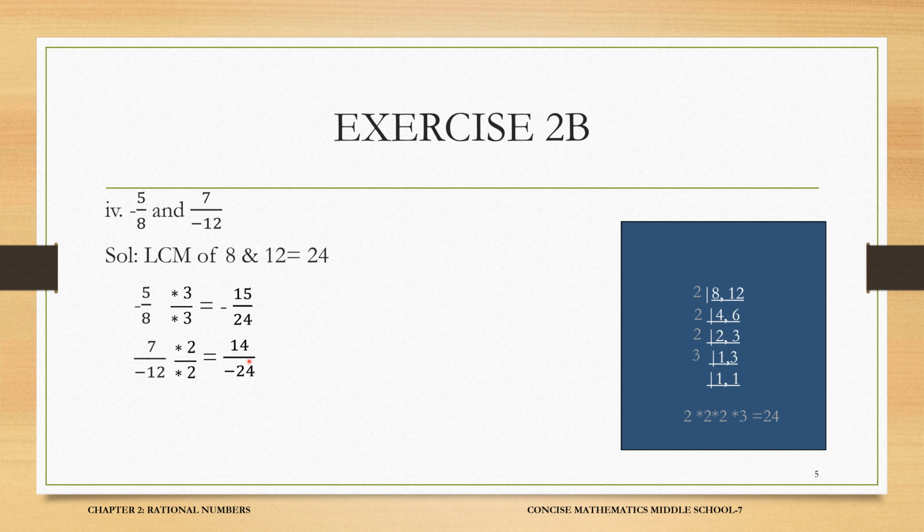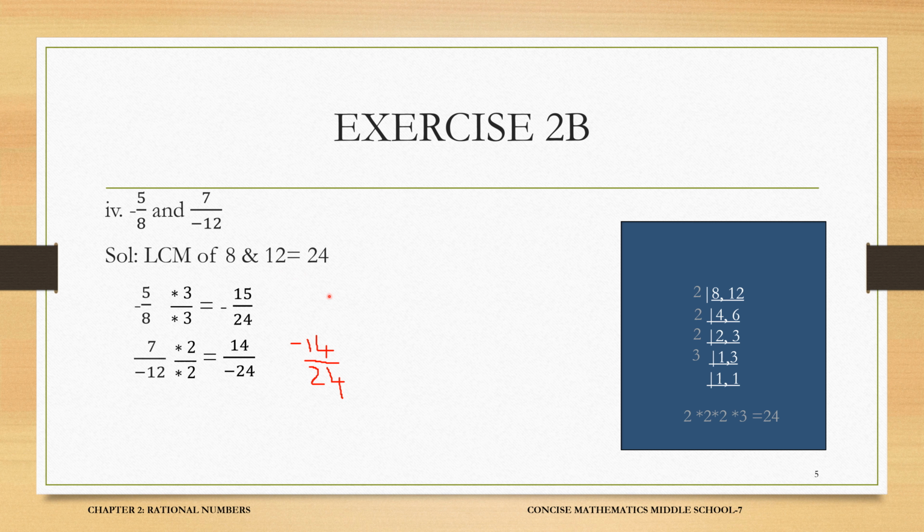So now it is very easy to compare, right? Here it is 14 by minus 24, so you can consider it as minus 14 by 24. You can get that minus on the numerator side. So just compare minus 15 and minus 14.